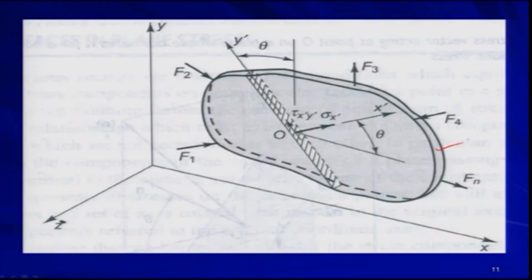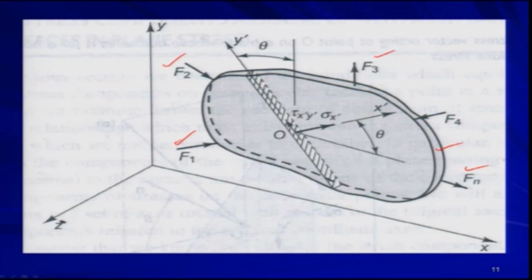So, if I look at this figure, this is one thin sheet or thin plate, whatever you say, which is under plane stress condition, under different externally applied forces F1 to Fn.